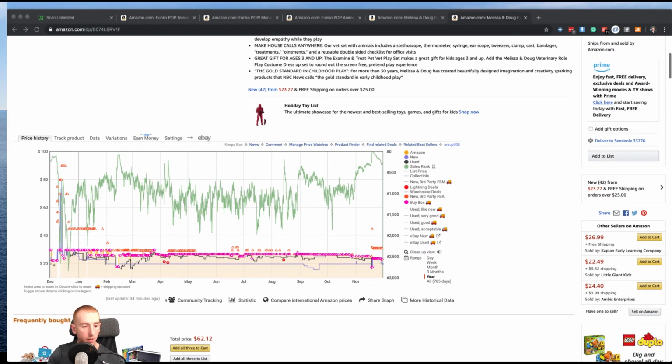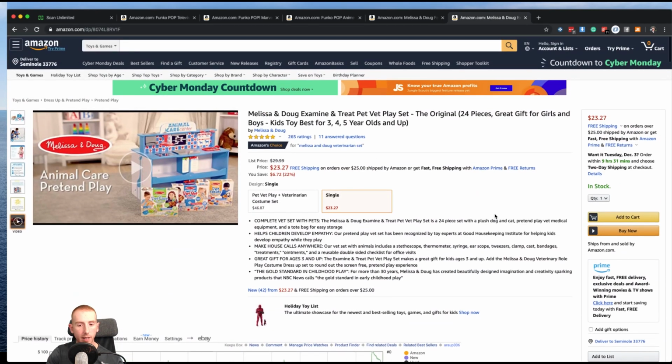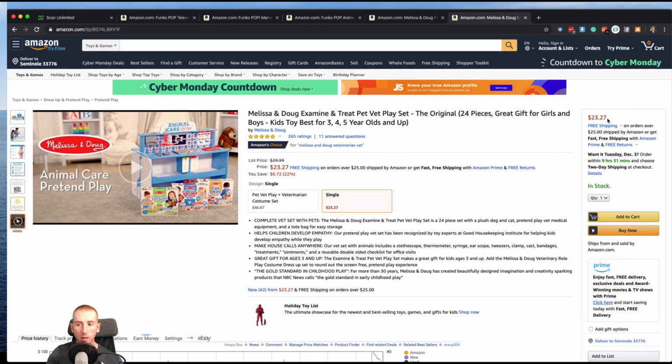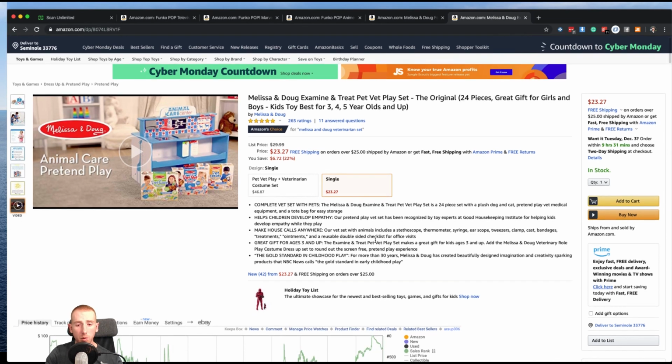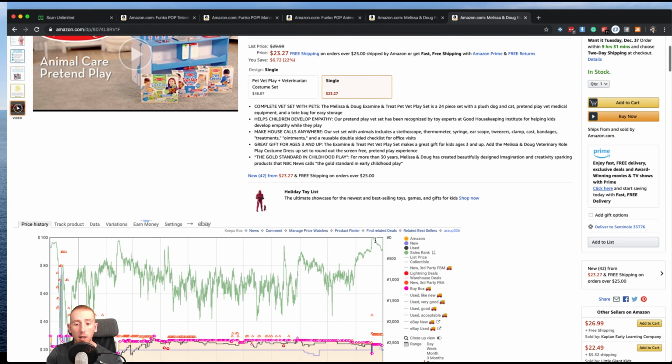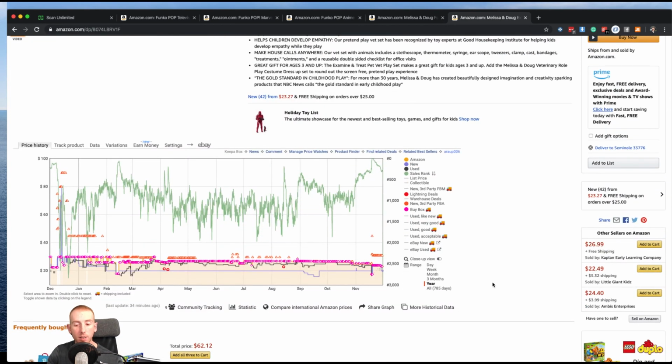So basically we're going to focus on the Keepa chart. One idea is, let's pretend that $23.27 is not competitive, or you cannot be competitive at that price. In that situation, you would usually walk away. But one idea is to look at the history of the item.